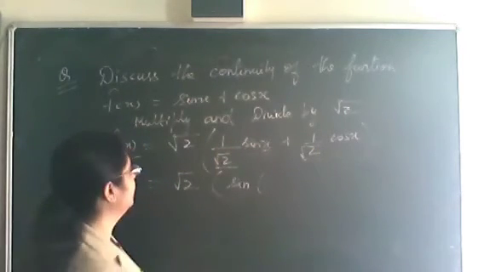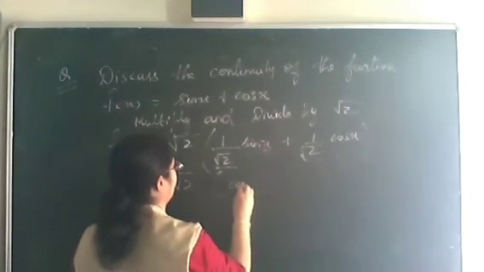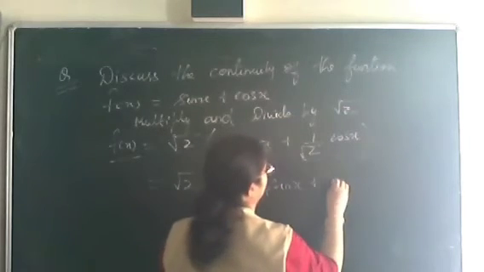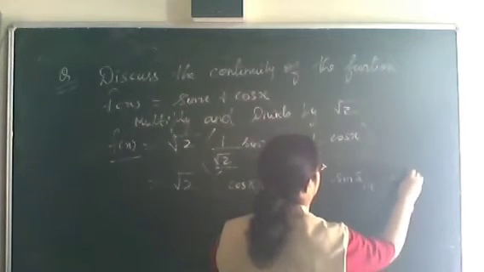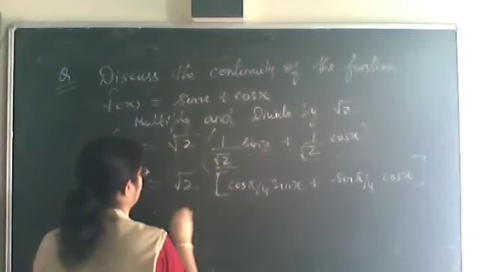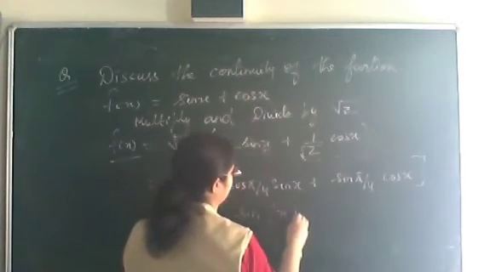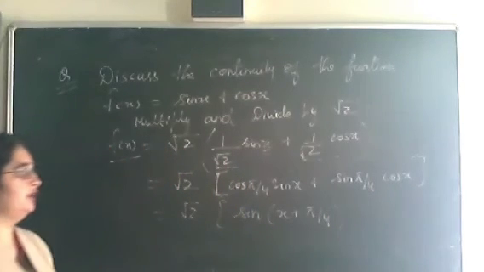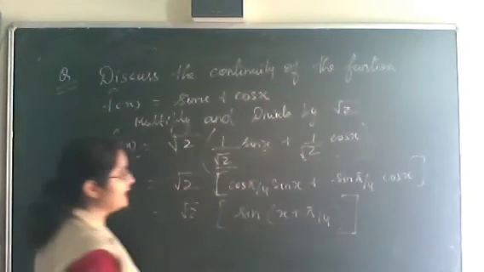Let me write it down so that it will be clear to you: cos pi by 4 sin x plus sin pi by 4 cos x. So this is equal to root 2 sin(x plus pi by 4). Clear? So this is our function.